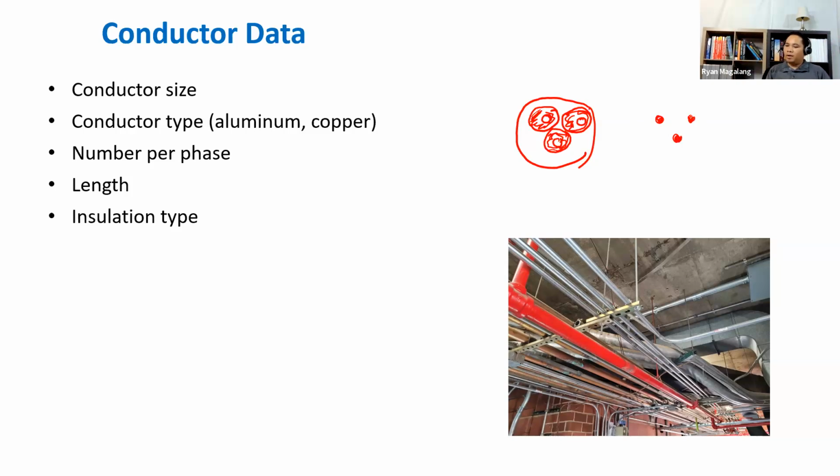We know that it is affected by the GMD and GMR, your geometric mean distance and geometric mean radius. So the thickness of your insulation affects that GMR and GMD. That affects in turn your inductance, your L, which affects your reactance, because we know our reactance X of L is equal to 2 pi FL. So this one I have not forgotten yet. So the thickness of your insulation affects ultimately your reactance.